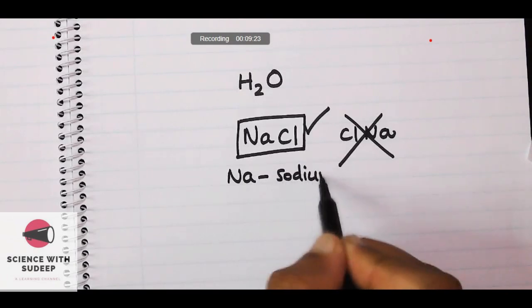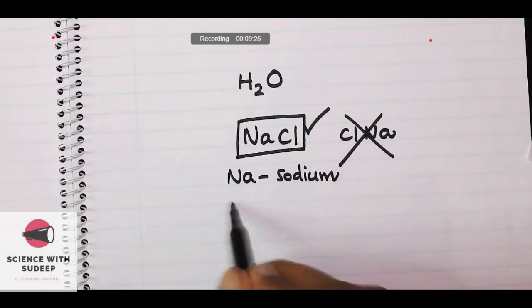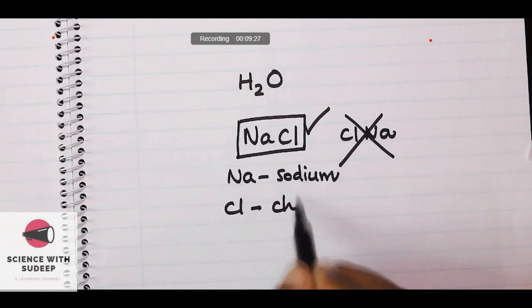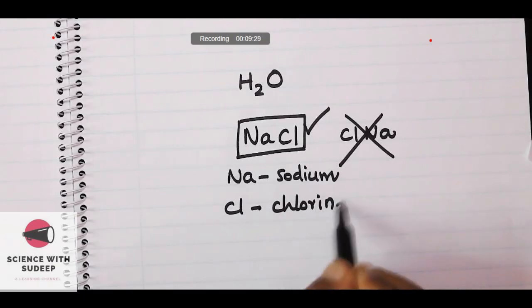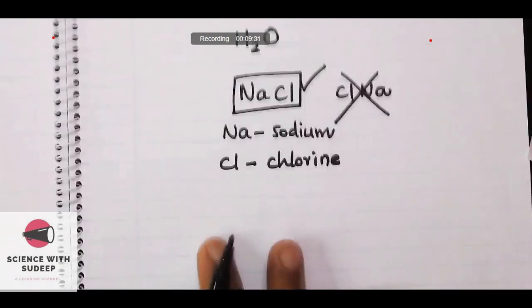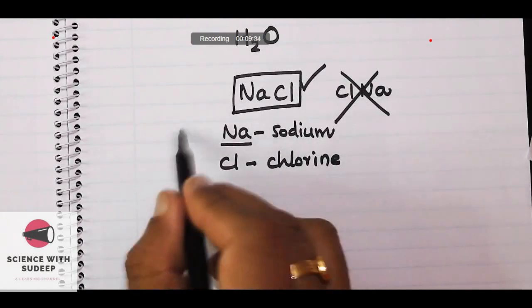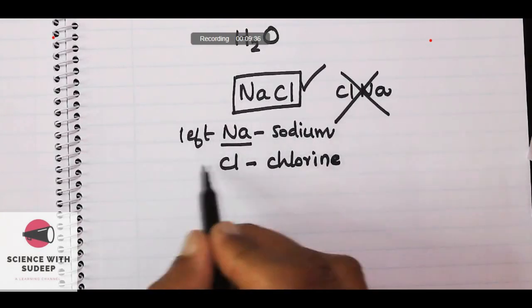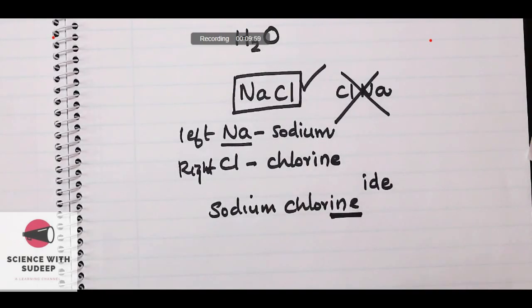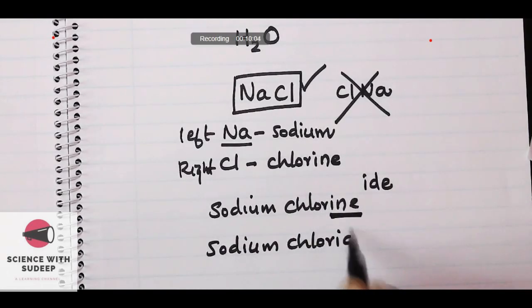The other is Cl, that is chlorine. When you write the name, sodium is on the left side of the periodic table and chlorine on the right side, so you start from the left: sodium chloride. That -ide came there. That is what the second rule states.